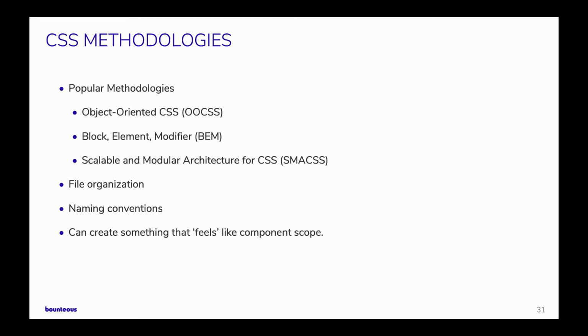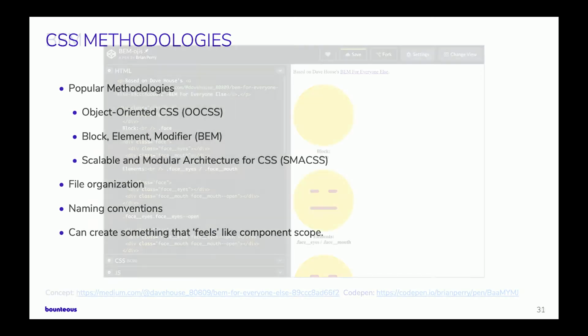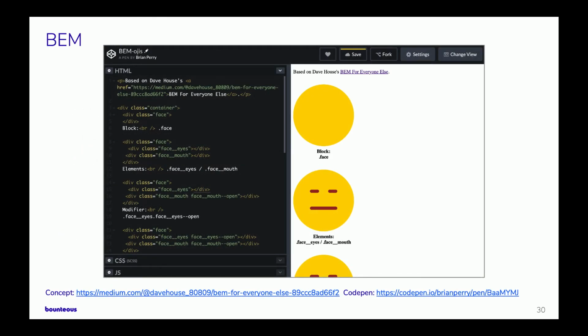They have opinions on things like file organization and naming conventions, and it will often give you something that does feel like component scope, more specific rules that apply to a particular component or particular context. But it is not literally component scope.